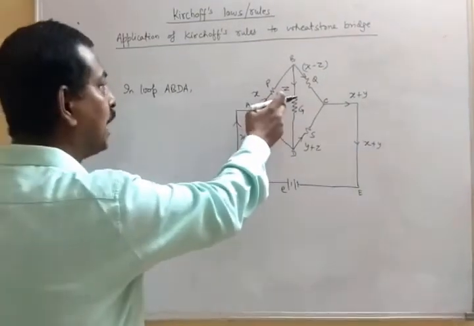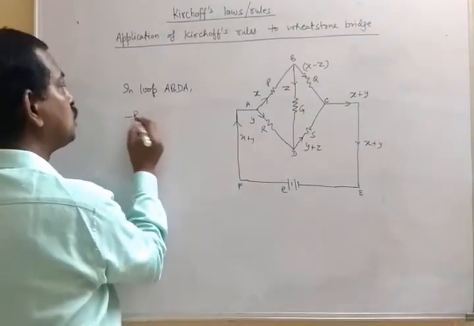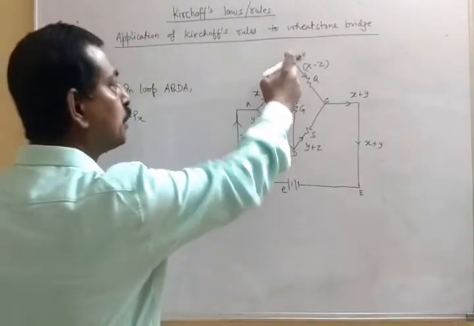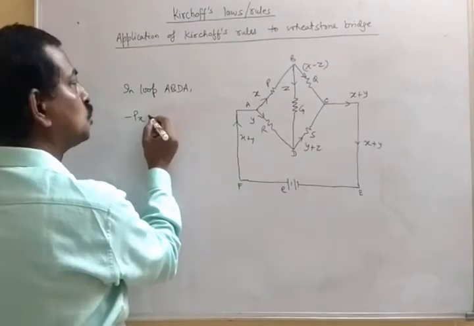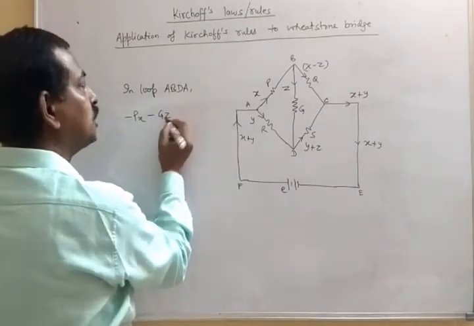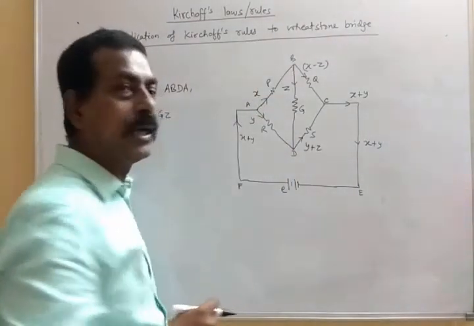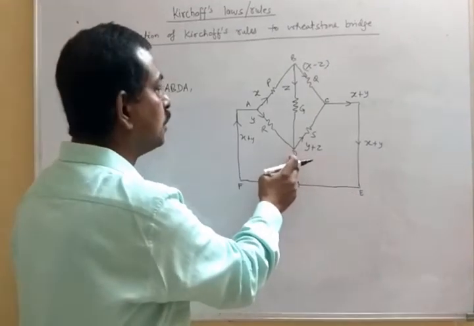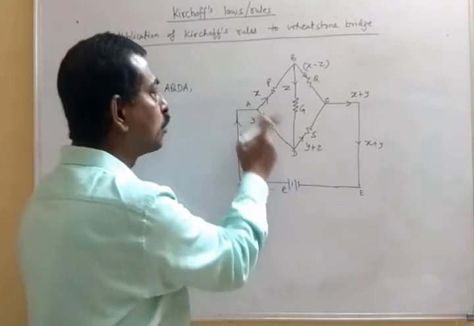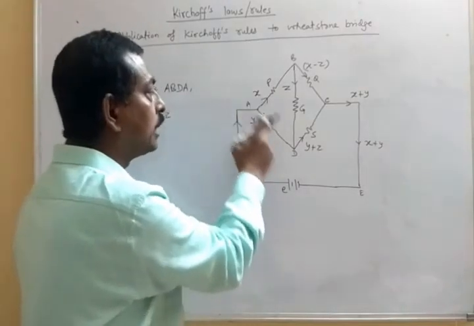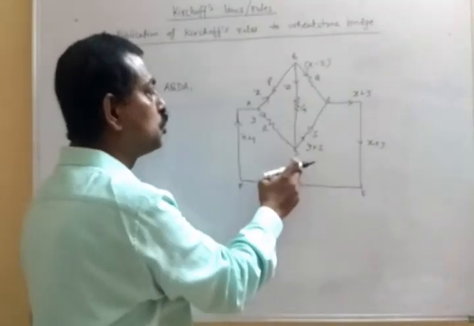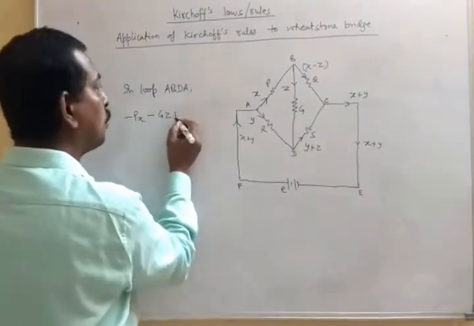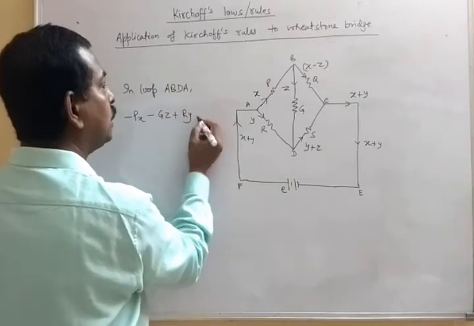So with that, it will be minus Px, A to B. Potential difference between B and D, this will be minus Gz, because again we are going in the direction of current Z. But from D to A, when we are going in opposite direction of current, Y is coming from A to D, we are going from D to A. So this will be plus Ry.